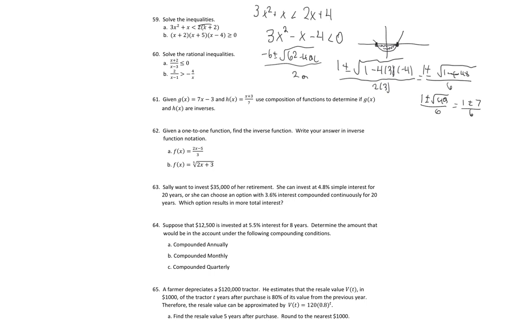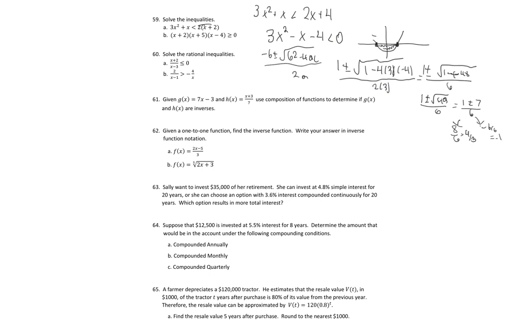So we're going to get 1 plus 7 over 6, which is 8 over 6, which is 4/3, or 1 minus 7, which is negative 6 over 6, which is just negative 1.